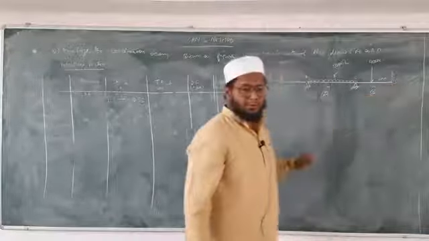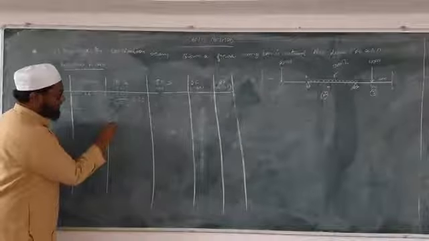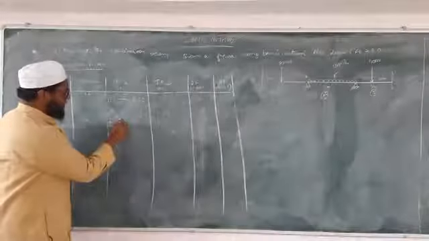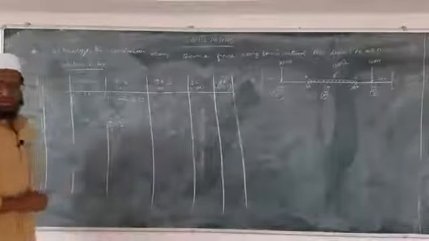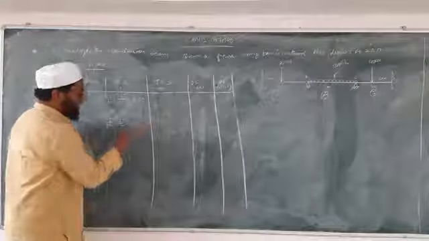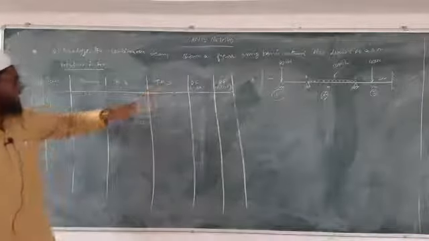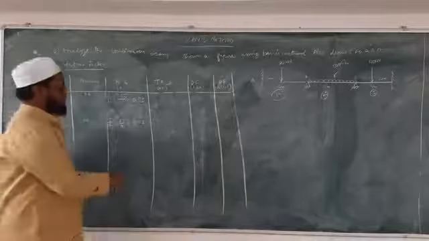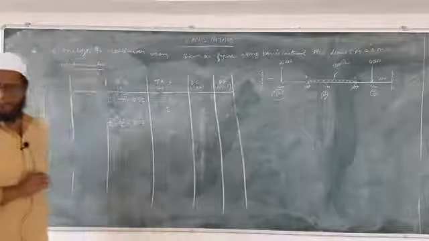So the relative stiffness for member BC will again be I by L. For BC, I is 2I by 4, which is equal to 0.5 I. So the total relative stiffness is 0.5 I plus 0.5 I, which is I. Am I right or wrong?